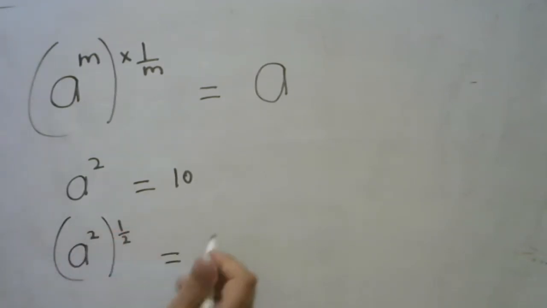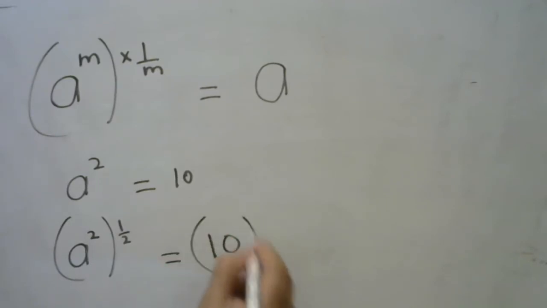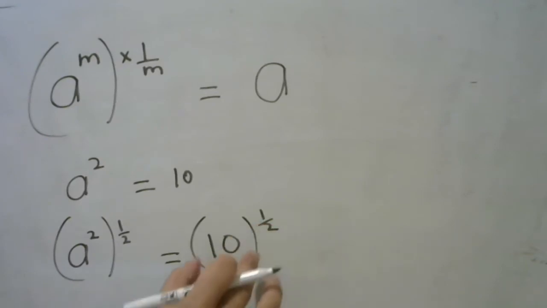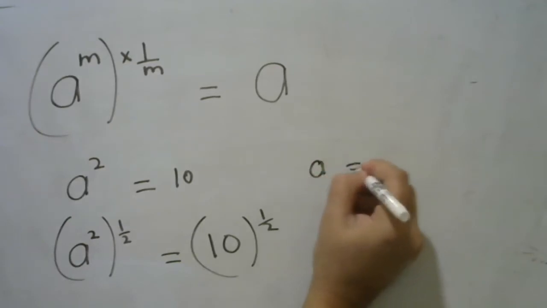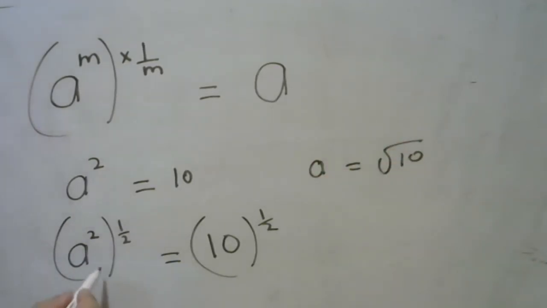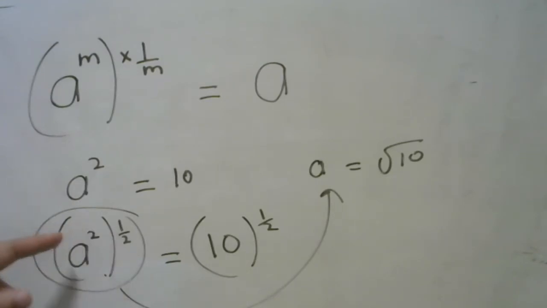Whatever you do on this side, you have to do the same here. And you know this is square root. So a is equal to the square root of 10. Sorry, should write it here. A is equal to the square root of 10. Because this becomes a. Right? You can see that it's going to cancel out. Okay.